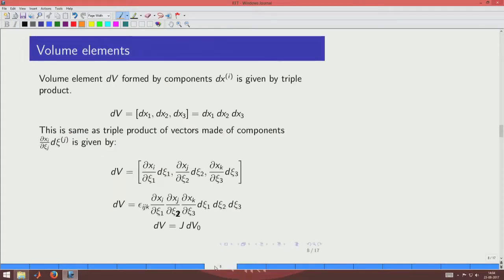Now, let us look at the volume element change. That is where we started off. We said that the triple product is indicated with the square bracket. If you want to write the triple product of 3 vectors, the 3 are in these directions.